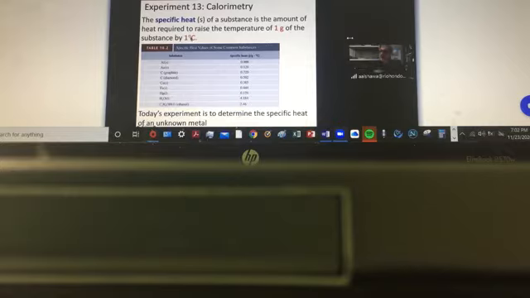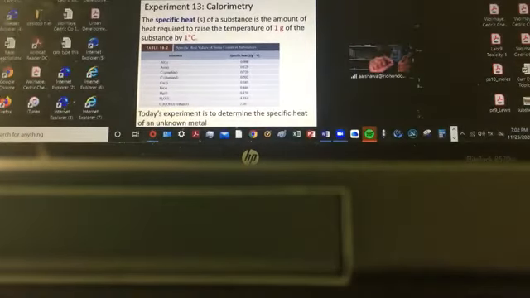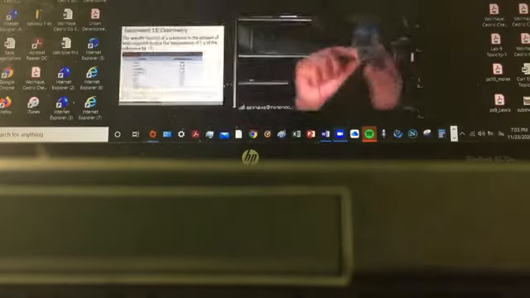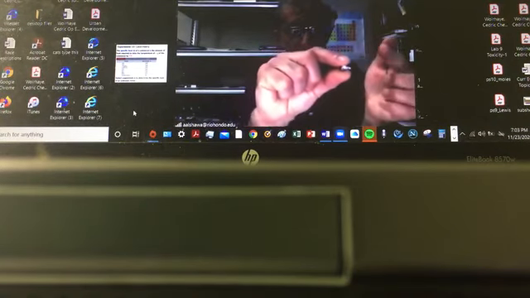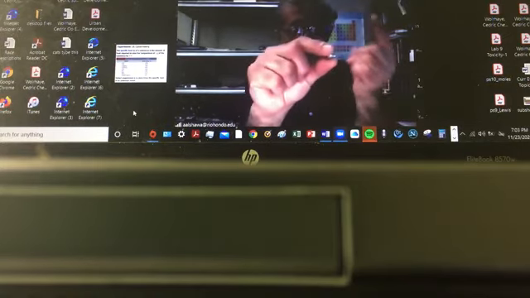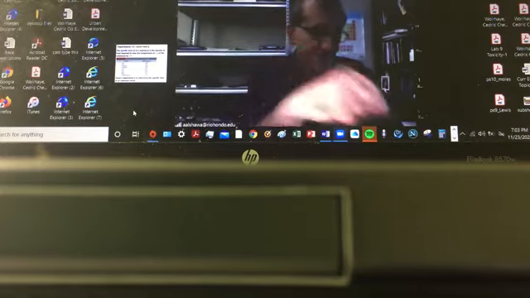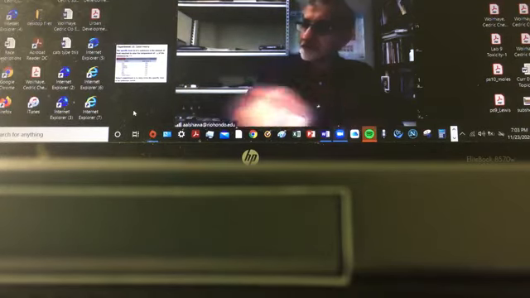So if you scoop out 1 gram of the unknown metal and keep delivering heat to it, raising its temperature by 1 degree from the initial temperature to the final temperature, how much heat that took is called specific heat. It's a little bit more unique definition.